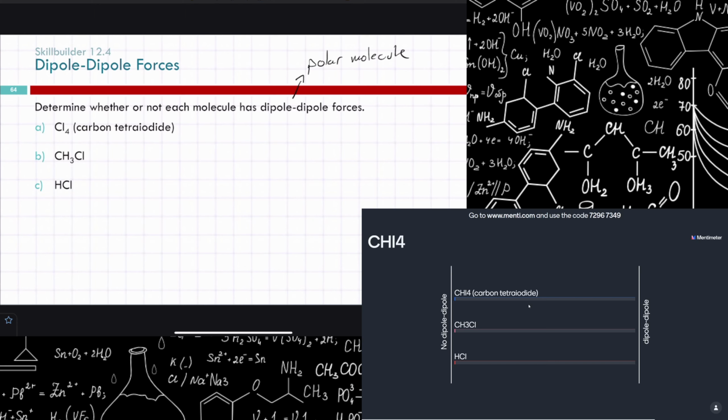What I would suggest doing for each of these to start is to write out a skeletal structure, just like we would have done for Lewis dot structures.